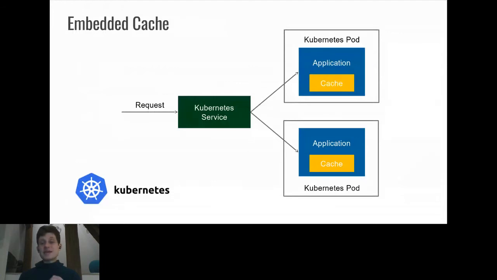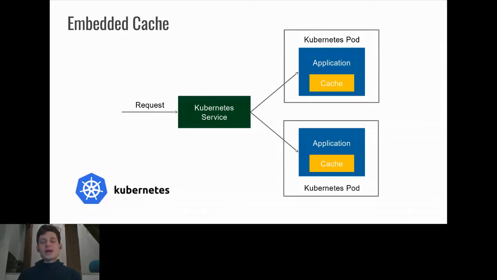However, now the same request can be load balanced to the application at the bottom, because the Kubernetes service uses round robin, so it can go to any application. So now the same request goes to the application on the bottom, and we need to do this business logic once again, because these caches are completely separate. They don't know about each other.